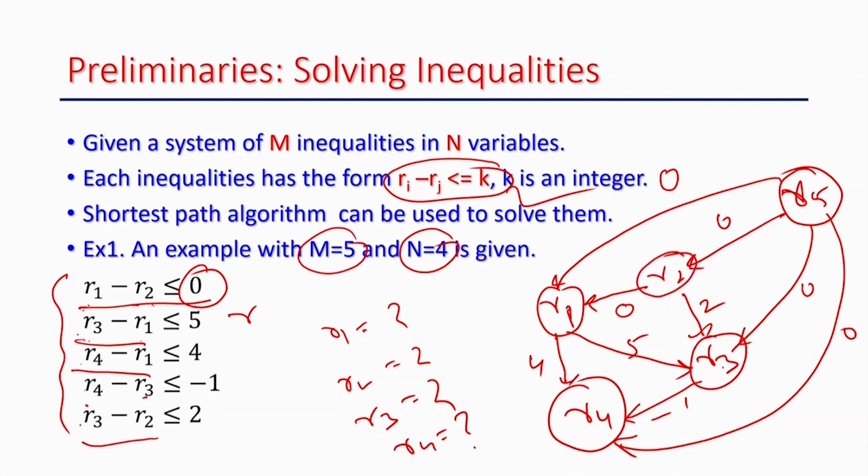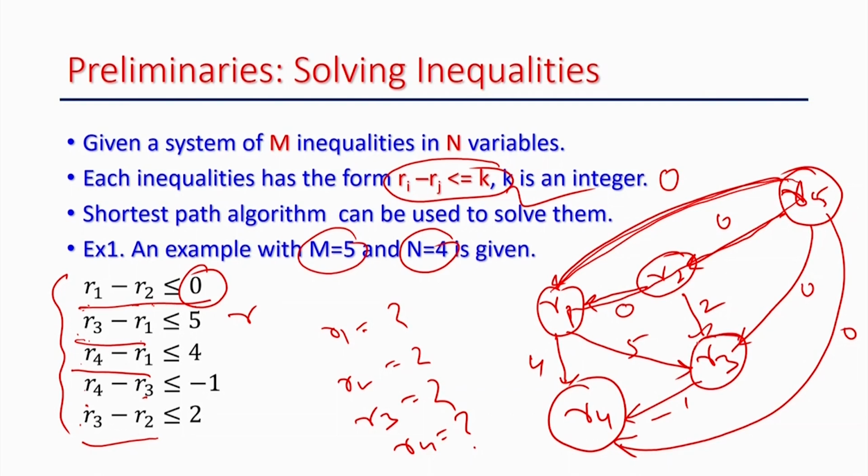Now we can show that the value of R1, R2, R3 and R4 is nothing but the shortest path from the extra node to that particular node. If you just see here, there are many paths.